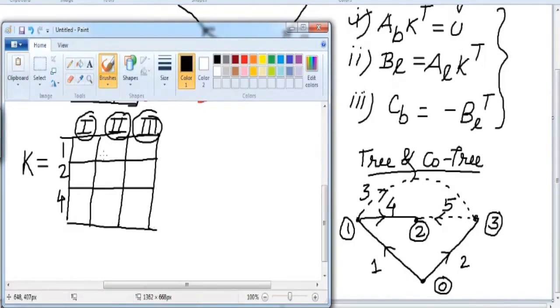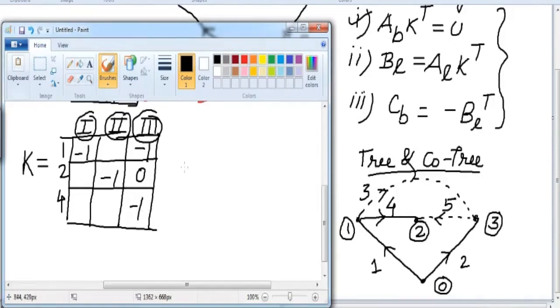So I'm going to write the entries of this matrix as -1, then -1, and then -1, 0, -1.